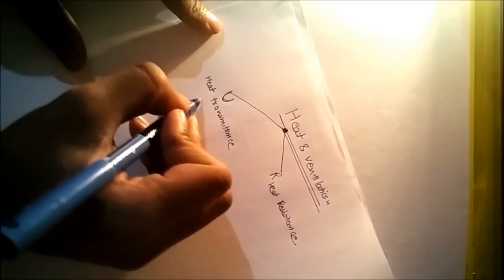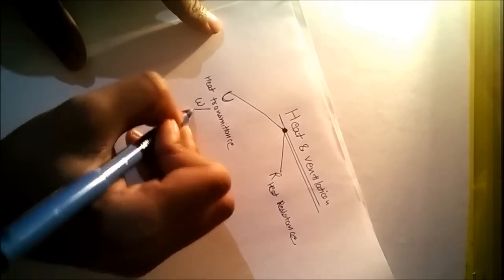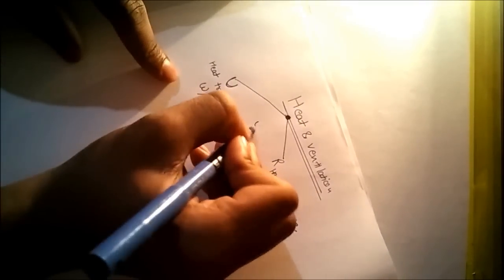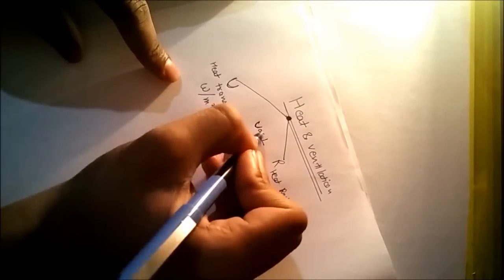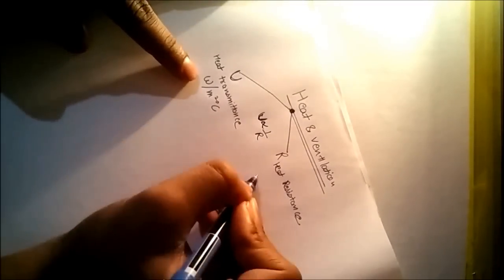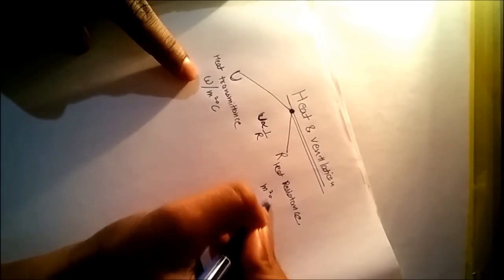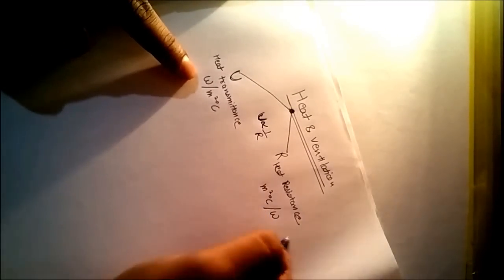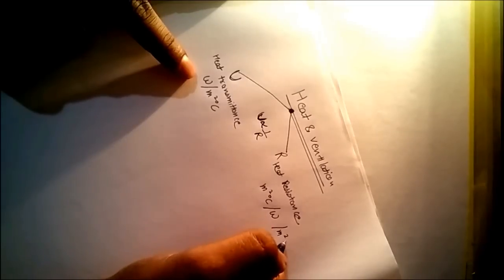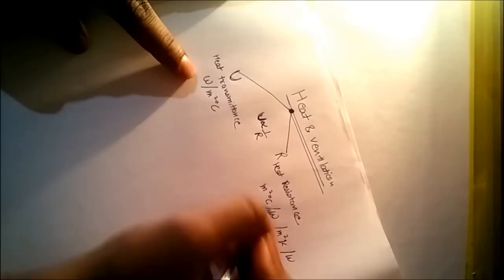The unit of heat transmittance is watt per meter square degree Celsius, and U is inversely proportional to R, so the unit of R will be m square degree Celsius upon watt, or m square degree Kelvin upon watt.